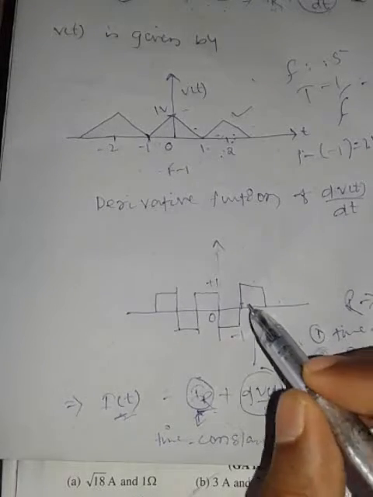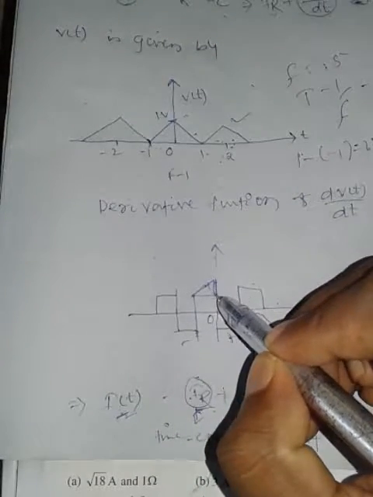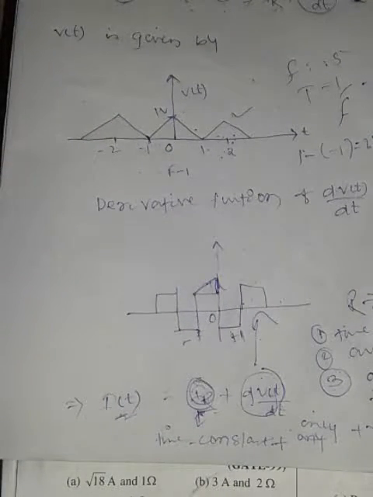This one will be some quantity, so add this one here. So we are getting only some increase in the point value, because here it goes from +1 to -1, and this time period will always remain constant. We are adding some constant quantity, so only the magnitude changes.